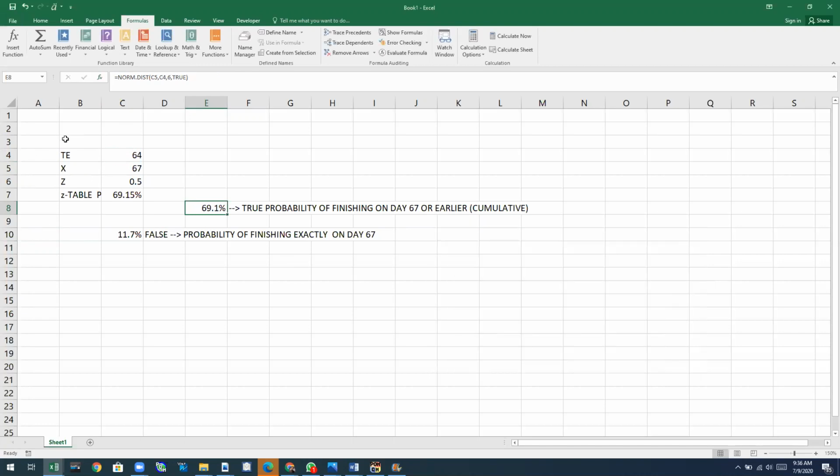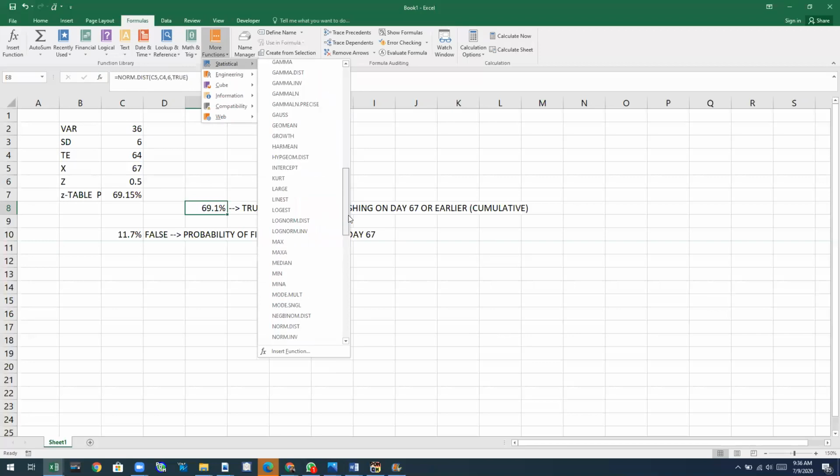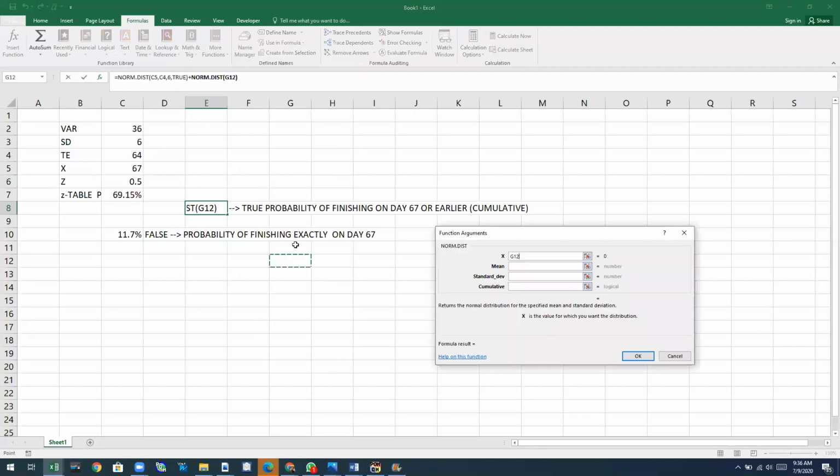Let me just put this here. The variance is 36, and so the standard deviation is the square root of 36, so the standard deviation is 6. Here we go to Statistical and look for normal distribution. X time is 67.